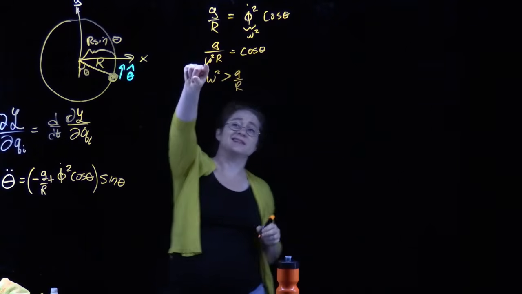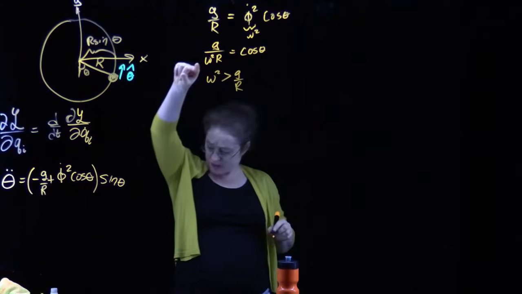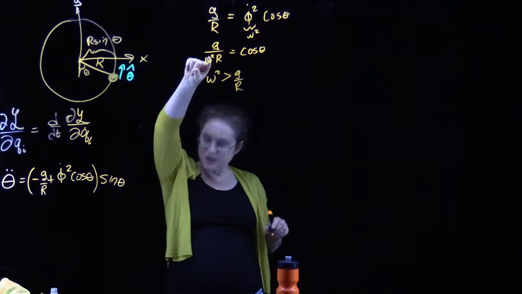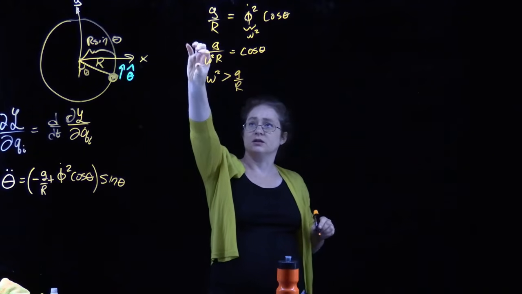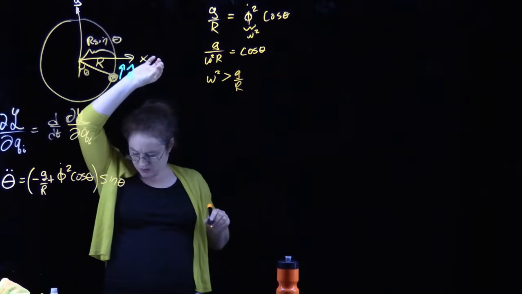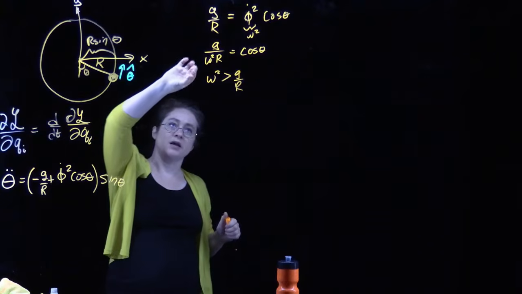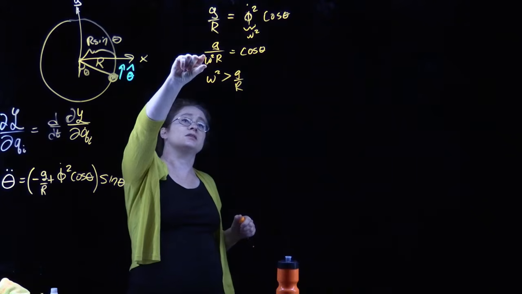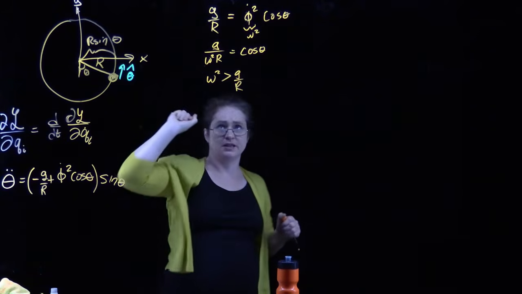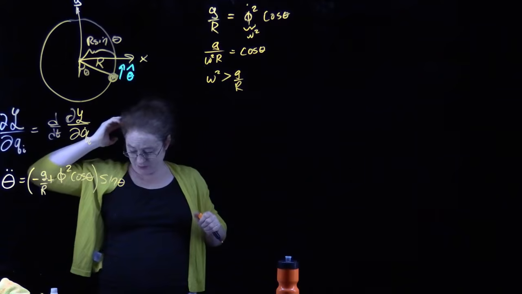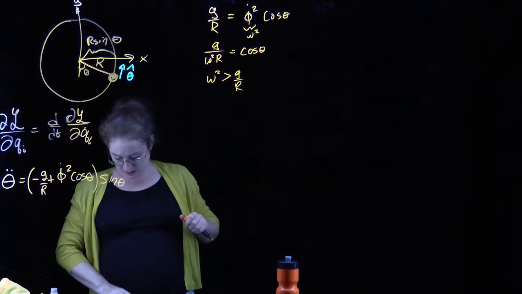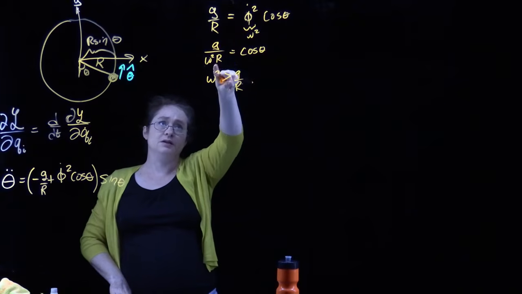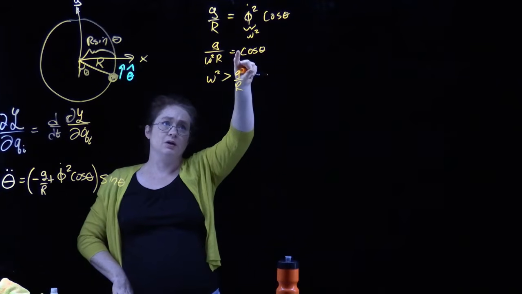If omega squared is less than g over r, then you don't get any. If omega squared is very large, then this goes to 0 and cosine theta is defined. And if this is very small, you still need to have any equilibrium.